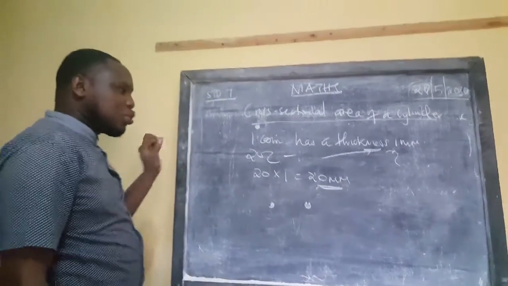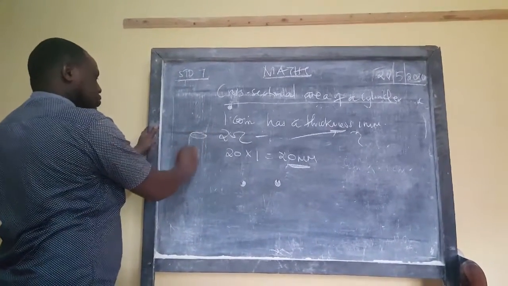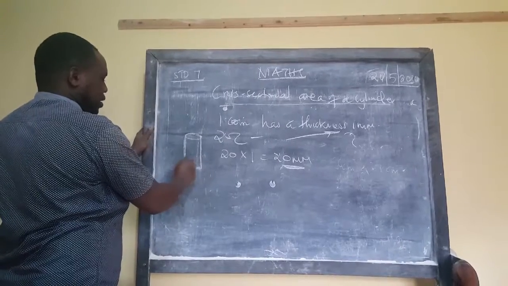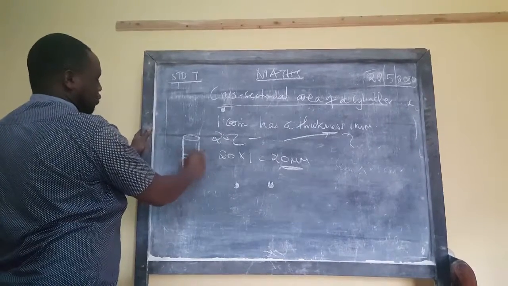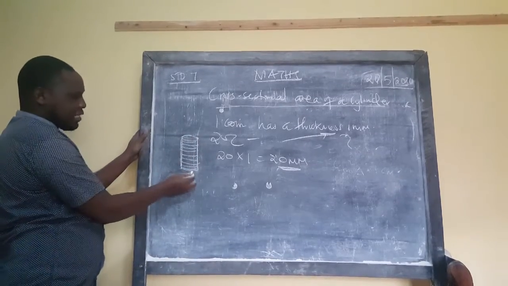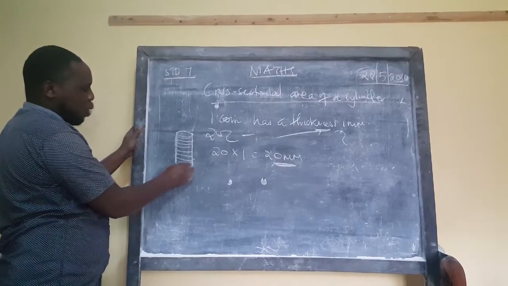So what is that 20 millimeters we are talking about? Remember, we have arranged the coins like this. If one has a thickness of 1 millimeter, from here to here is 1.